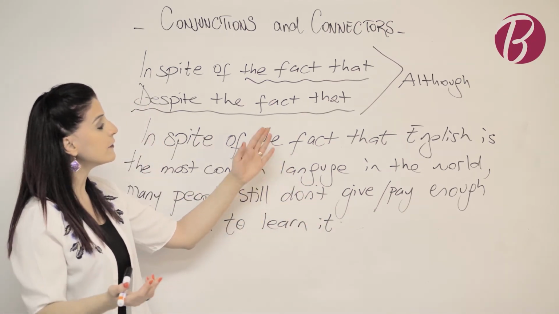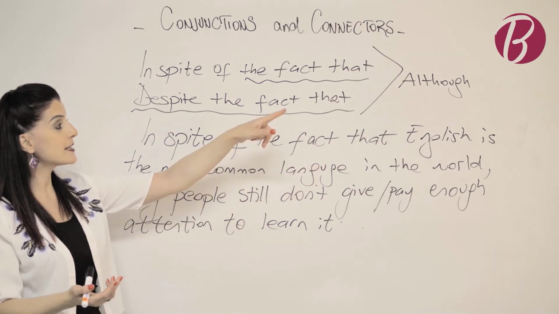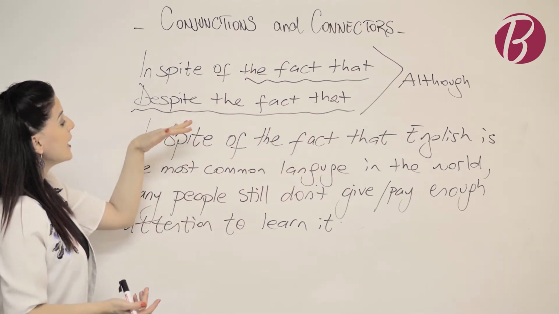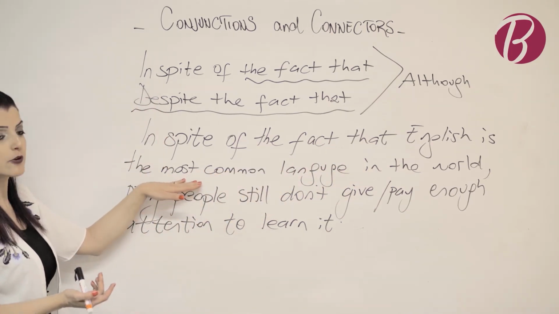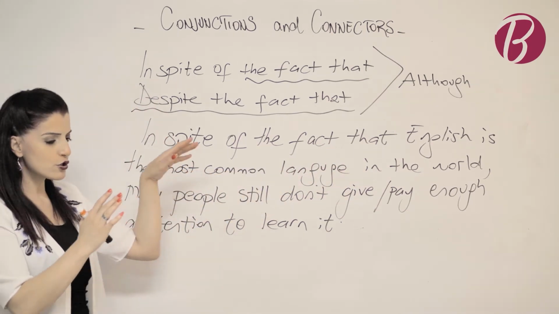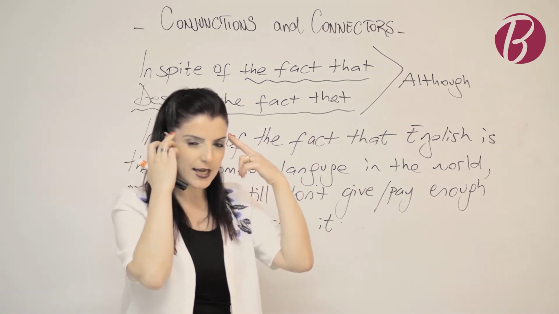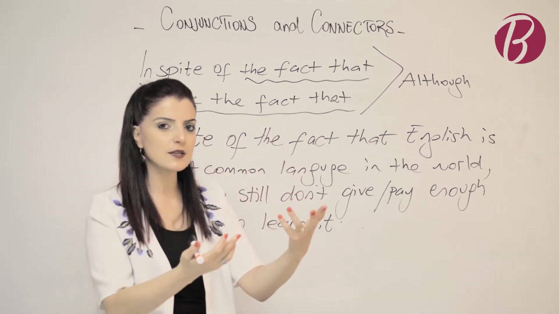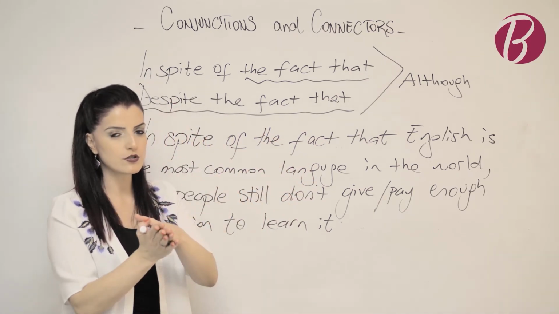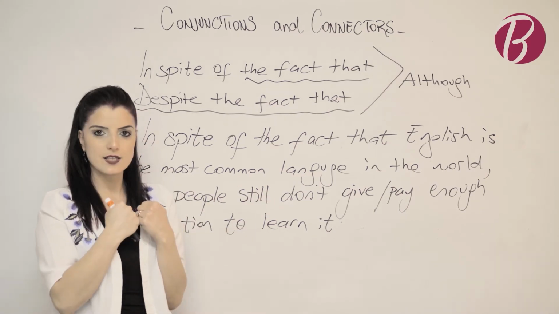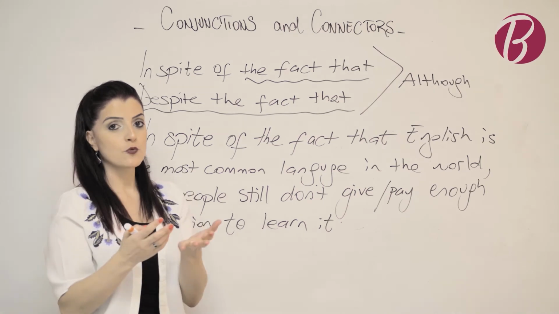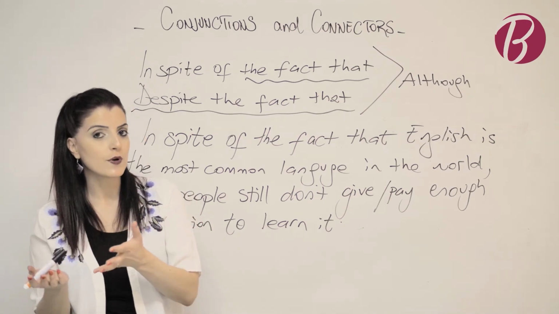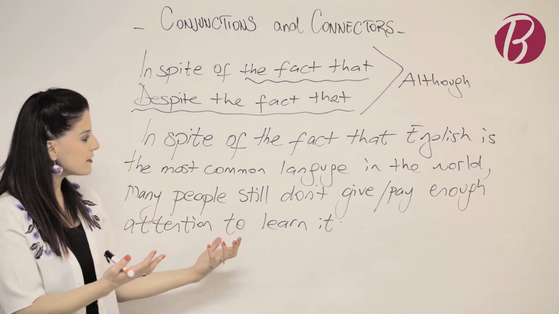In spite of the fact that, instead of although, in spite of the fact that English is the most common language in the world. So when I see here, okay, English is the most common language in the world. So what do I expect? Everybody should learn. So people should learn, people should know. But what is the interesting result?